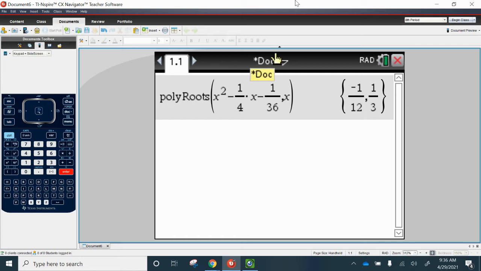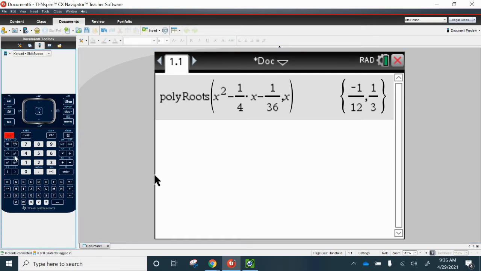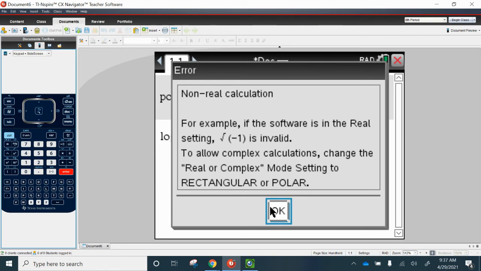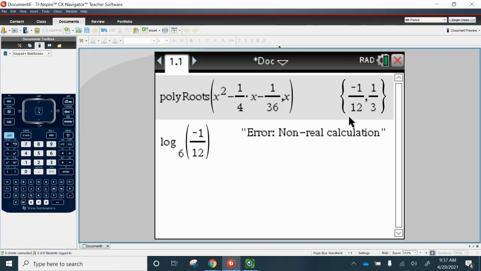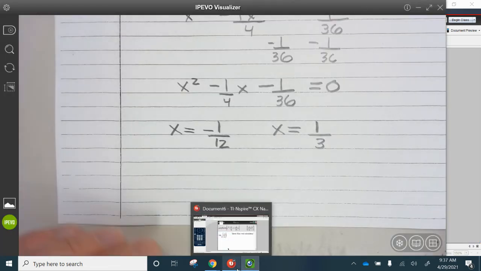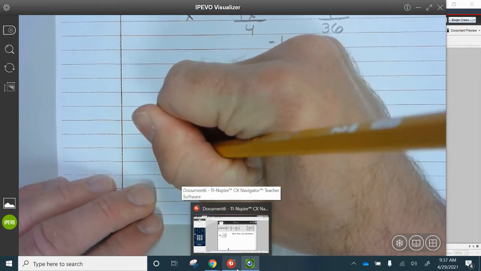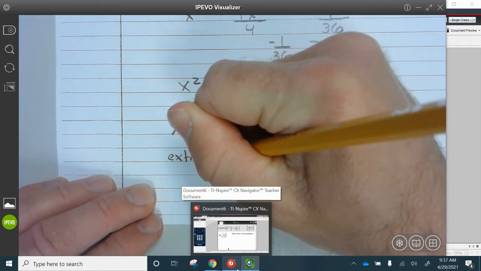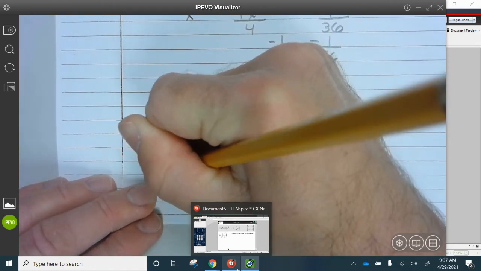Now we're going to check to see if any of those are extraneous solutions. So we're going to do control log base 6. Let's plug in the first one. Negative 1 divided by 12. Now you get a non-real calculation. That tells you that negative 1/12 is an extraneous solution.